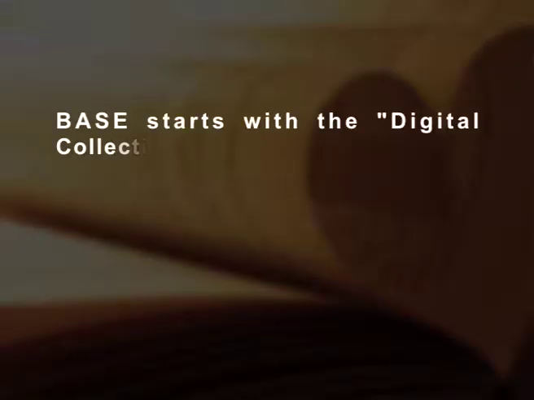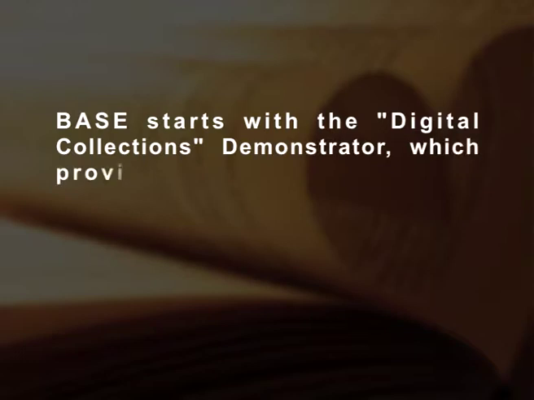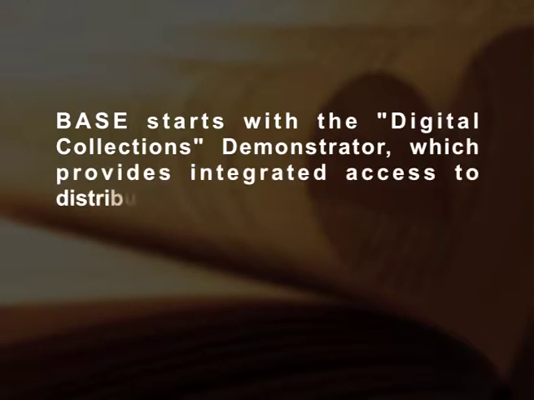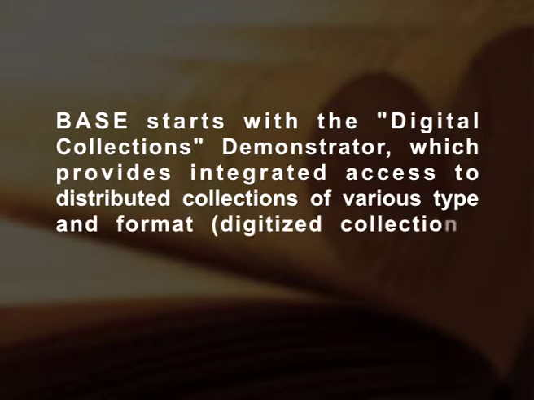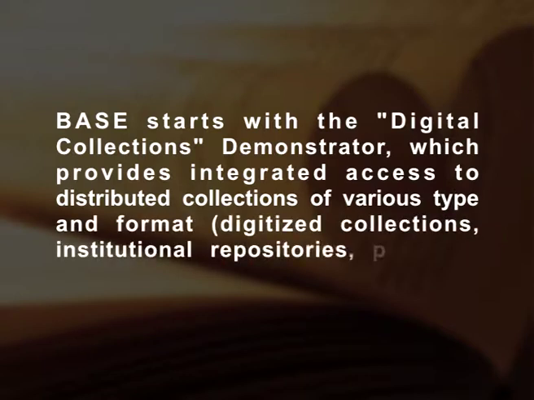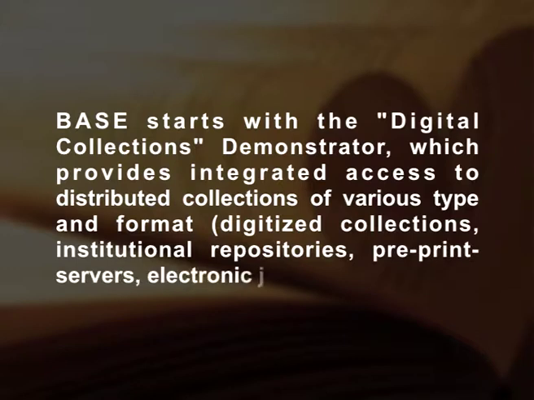Bayes starts with the Digital Collections Demonstrator, which provides integrated access to distributed collections of various types and formats, digitalized collections, institutional repositories, preprint servers, electronic journals, etc. The demonstrators can only give a first glance at the potential of search engine technology in the context of scholarly search and retrieval services.